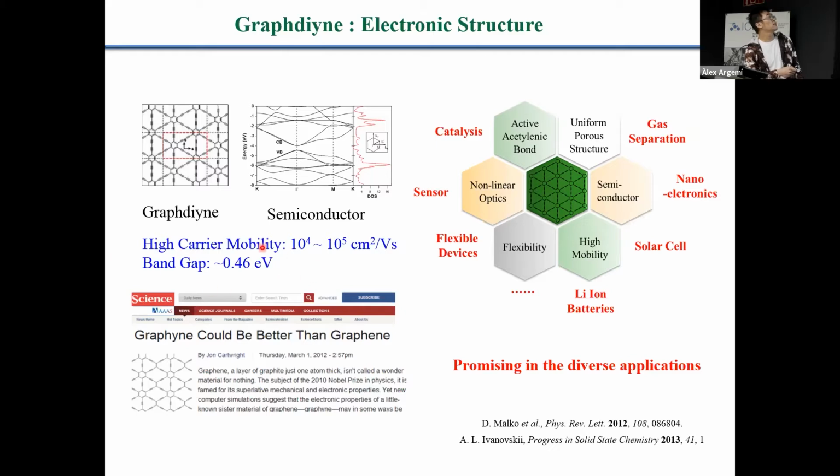It has high carrier mobility and a natural bandgap, from 0.46 to 1.1 electron volts based on different calculations. So graphdiyne has shown a lot of promising applications in diverse fields, and I will focus on catalysts for energy conversion.